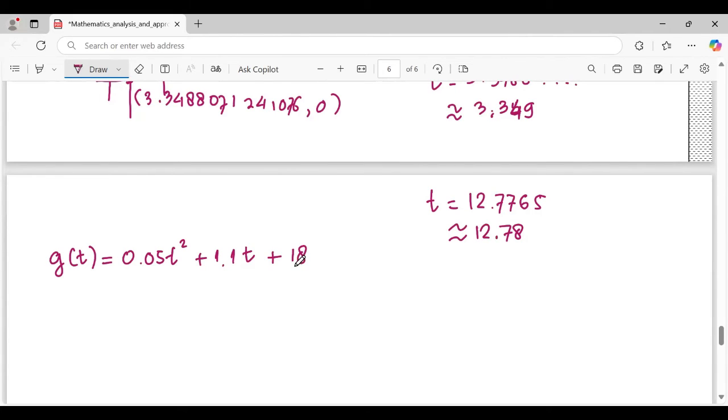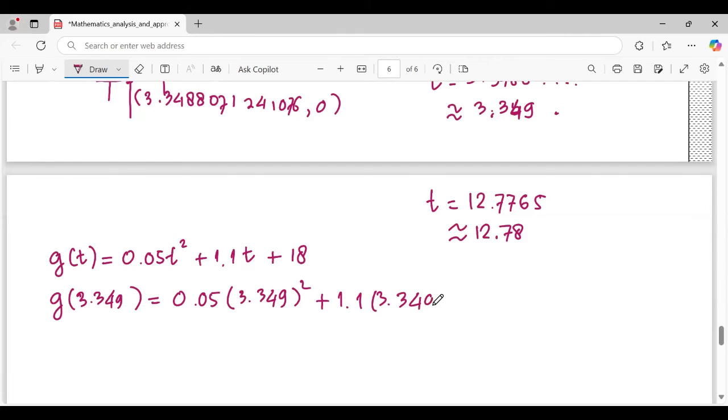Now we're going to substitute each one. If you substitute 3.349, it becomes 0.05 times 3.349 squared plus 1.1 times 3.349 plus 18.